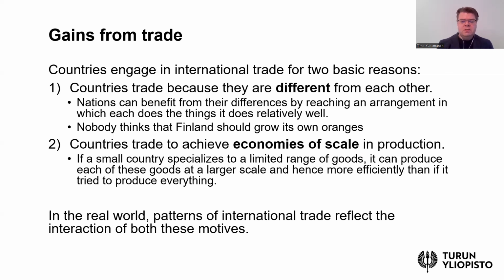So differences in a country's climate and geographical conditions can give certain advantages in producing certain things and disadvantages in others. The second theme that we also consider in the course relates to economies of scale. When a small country specializes in a more limited range of goods, then it can produce each of these goods at a larger scale.